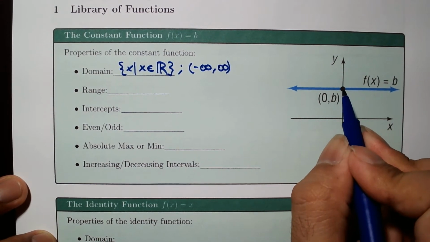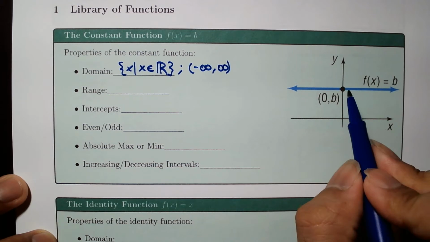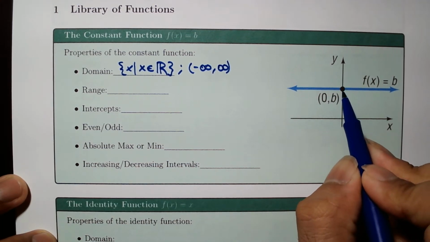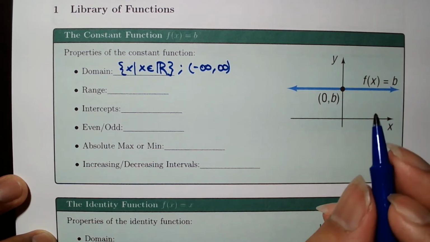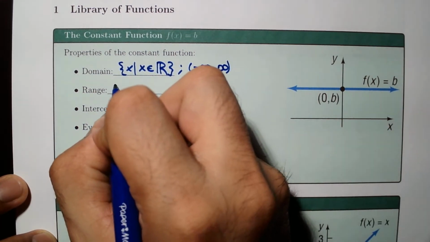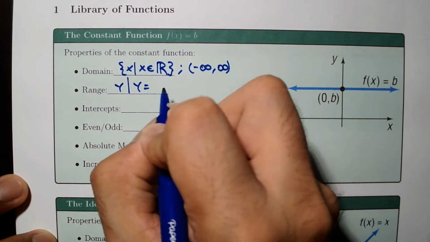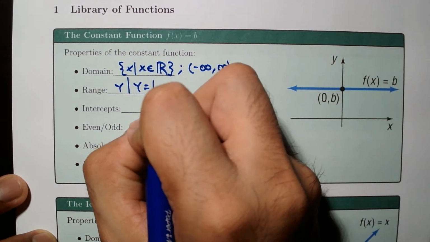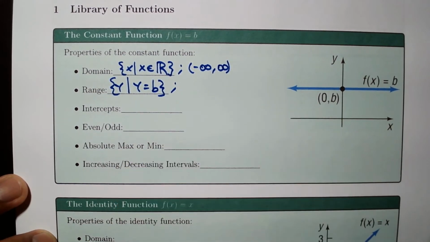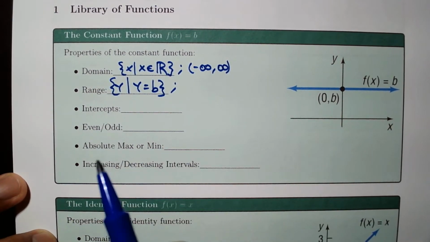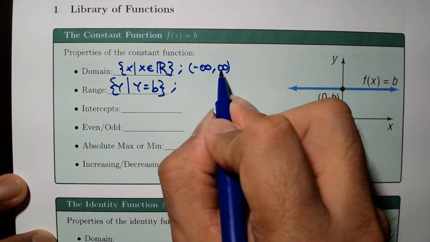Now, what about the range? This one is a little bit tricky to express, because in this case the range does not even include an interval but only a value. So the range is just y such that y equals b, using set notation. If we were to express this in interval notation, it doesn't go from some number to another number.